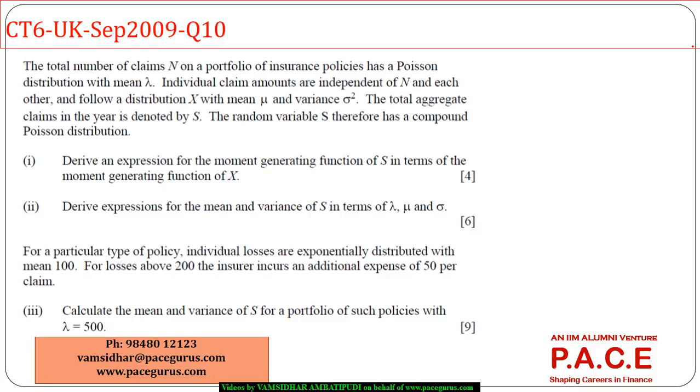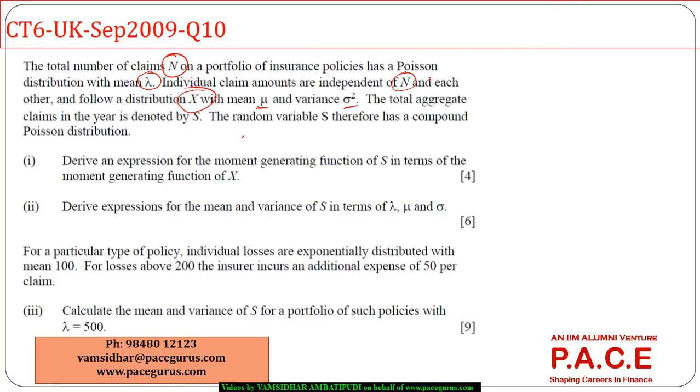Now, let's try to solve this particular numerical question. The total number of claims N on a portfolio of insurance policies has a Poisson distribution with a mean lambda. Individual claim amounts are independent of N and each other and follow a distribution X with a mean mu and variance sigma squared.